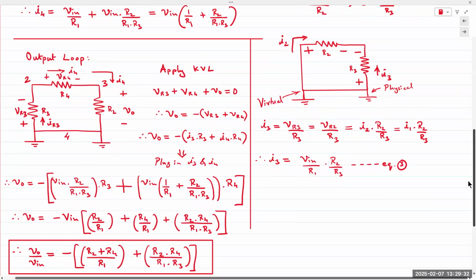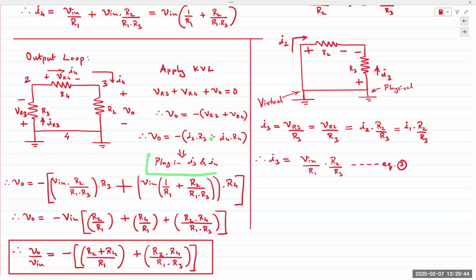VR3 is there, VR4 is there. We plug in expressions for I3 and I4, and then all we have to do is plug in the equations for I3 and I4 in that equation, and we have both V out and V in in the same equation, which was the goal.